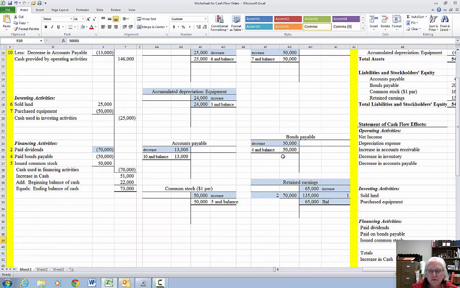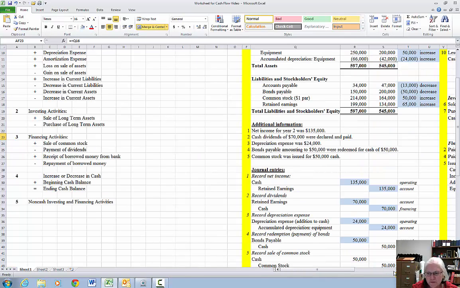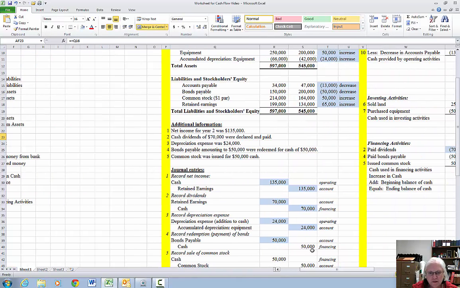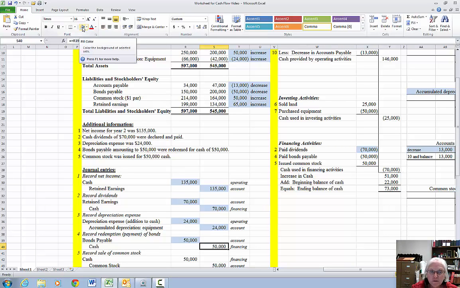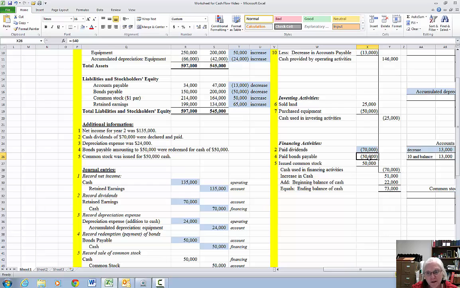Bonds payable, debit $50,000, and that explains that balance, so we're done with that account. On the cash side, I'm going to credit cash because if I paid off the bonds, that used some cash. Bonds payable is a long-term debt, so that goes in the financing area. So when I paid bonds, that is a use or a credit of cash, so I'll put parentheses around it.